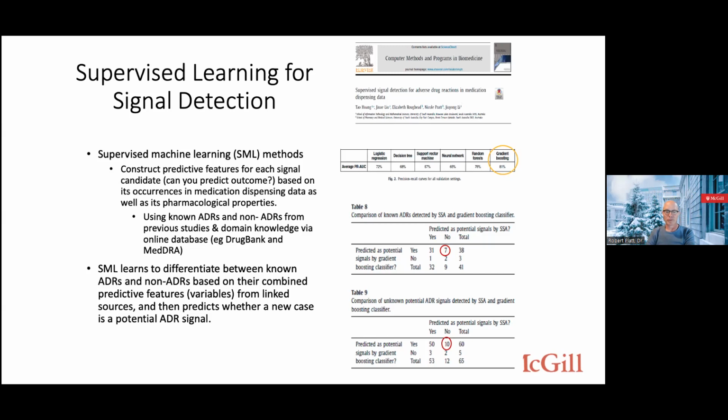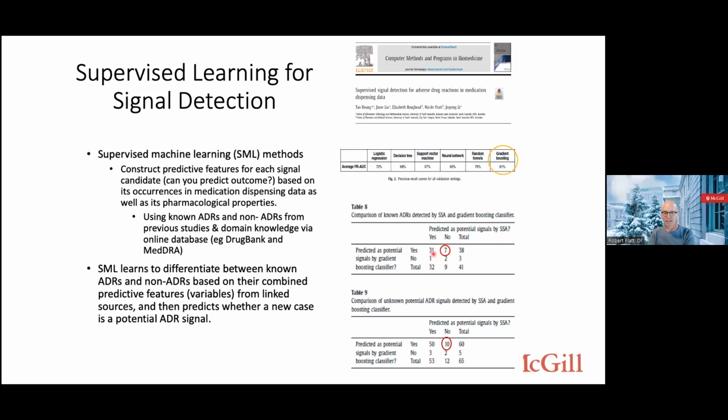This group of researchers basically went through this and showed that the gradient boosting classifier predicted 32 potential ADRs in this case, and the other method predicted 38.